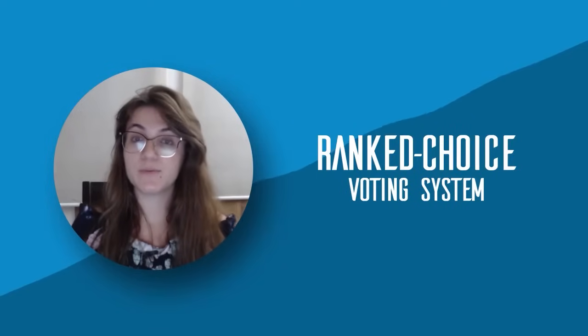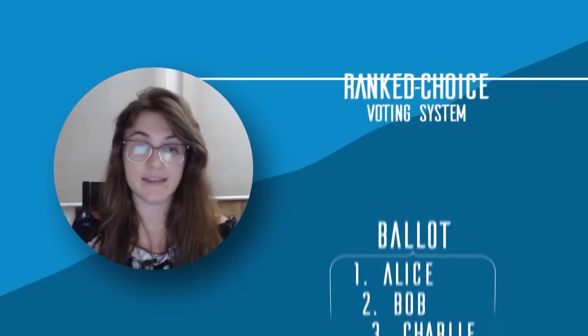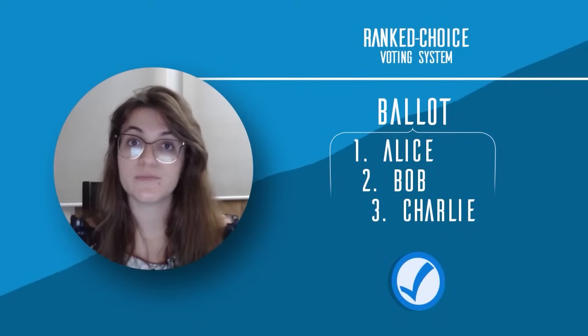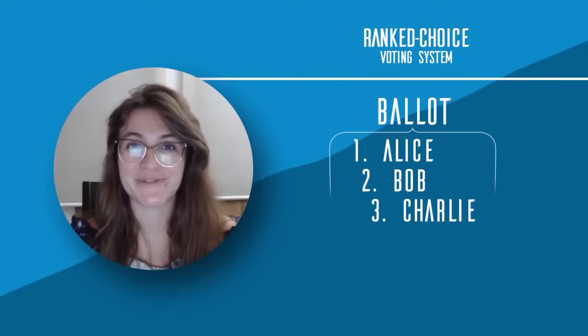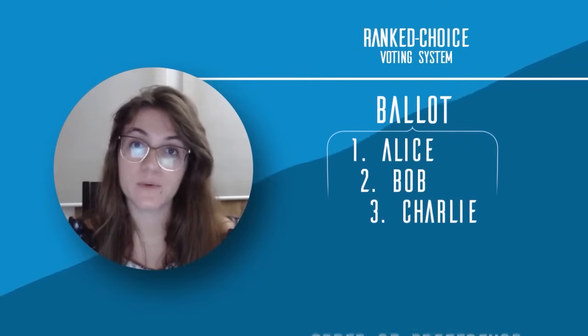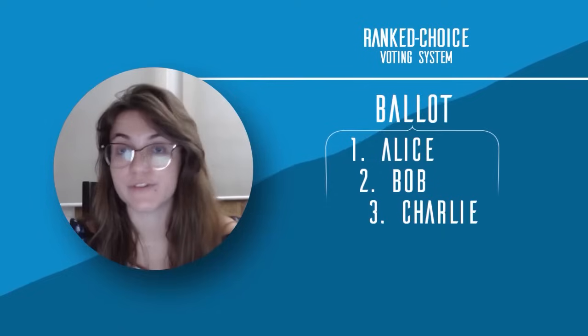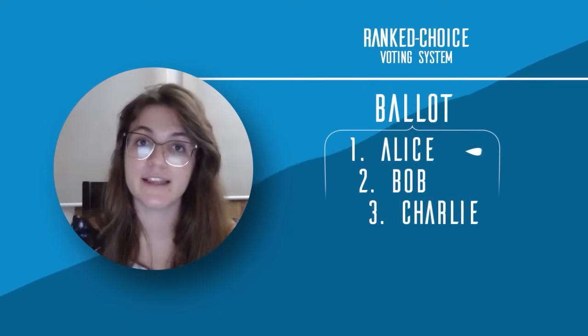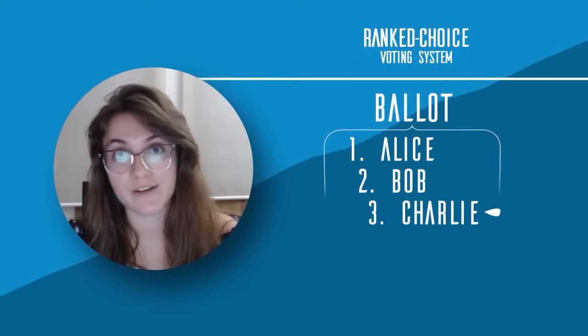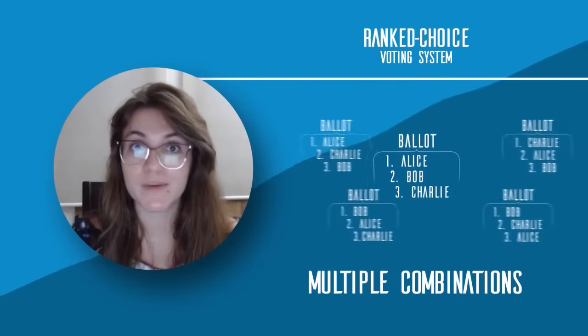So let's suppose we have 3 candidates, Alice, Bob, and Charlie. And you wanna vote in this new election right now. So you're gonna put in order of preference which candidate you prefer. So for example, I prefer Alice, so Alice will be in first place, then Bob, and then Charlie. And you can do this in multiple combinations, okay?